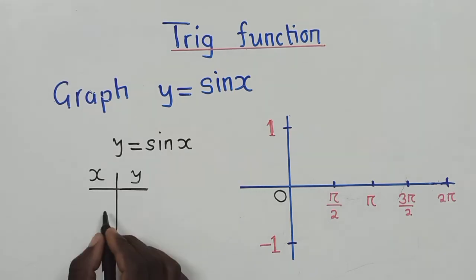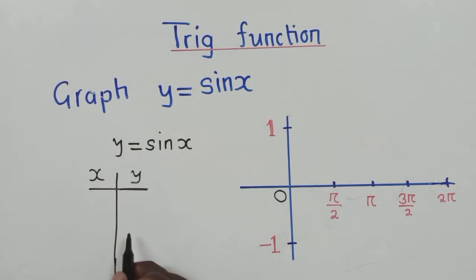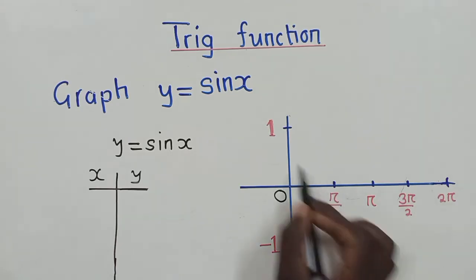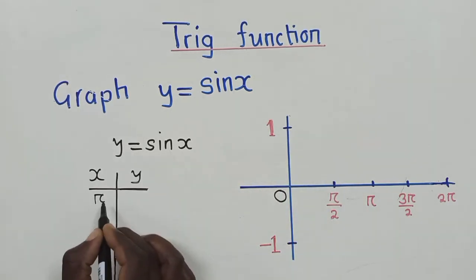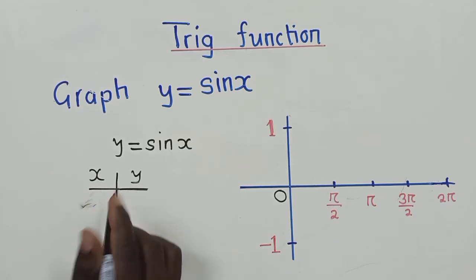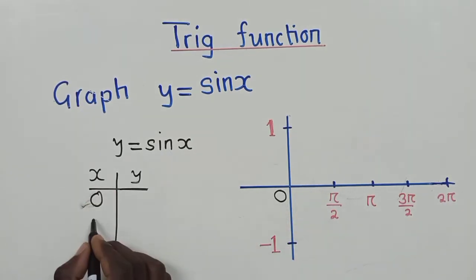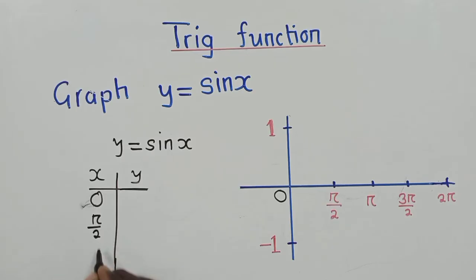So for our x-axis, we start with 0. So we have 0 right here. We have pi over 2. We've got pi. We've got 3 pi over 2 up to 2 pi.